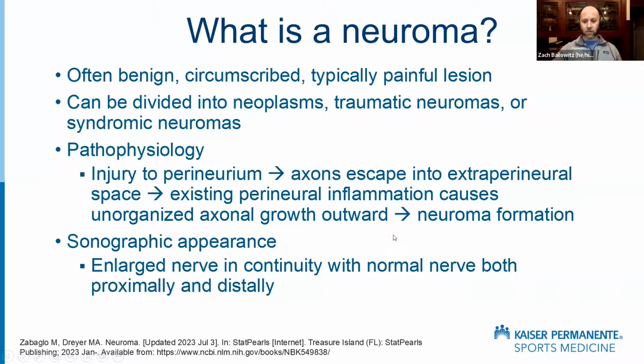The axons sort of escape into this extraperineurial space. And then the inflammation that's there, whether that's traumatic or compressive, causes unorganized axonal growth outwards, which ends up forming a neuroma. On ultrasound, we typically see an enlarged nerve, in continuity with the normal nerve, both proximally and distally.